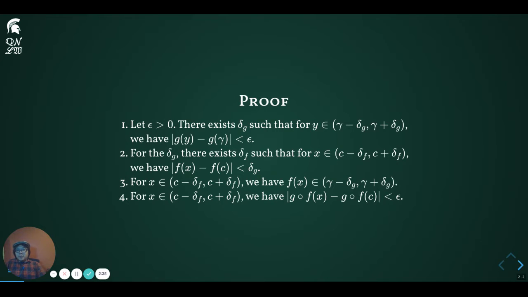The proof of this theorem is pretty simple. Again, this is an illustration of passing the buck. To prove that g composed with f is continuous using an epsilon delta argument, what we do is use the continuity of g to obtain an intermediate delta sub g, and then use the intermediate delta sub g as an epsilon for f, and use the continuity of the function f to get the final delta.